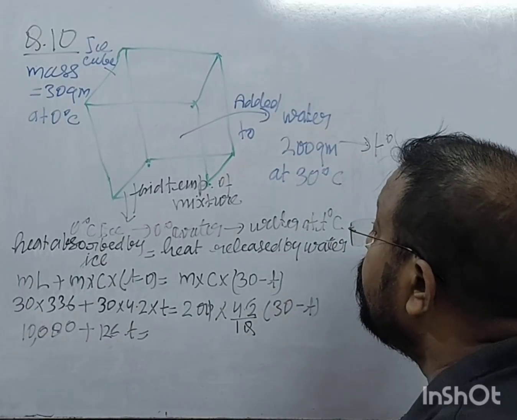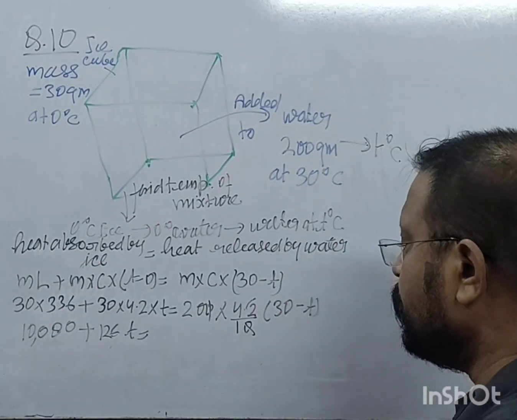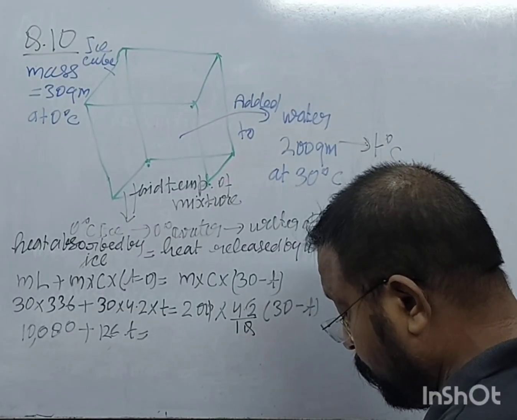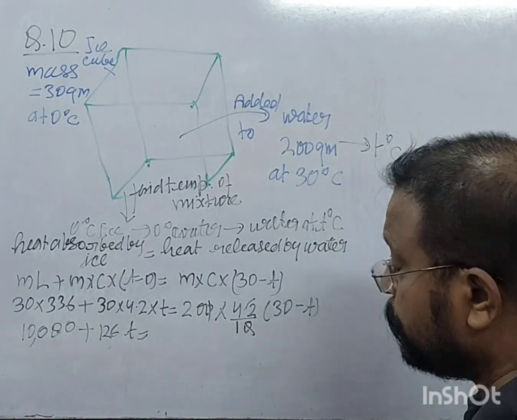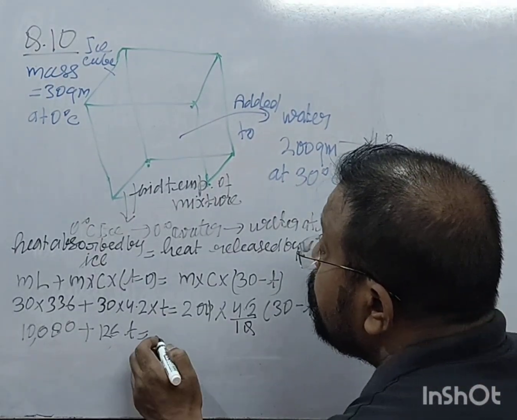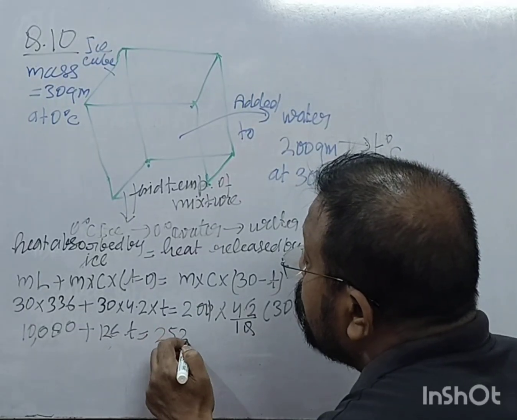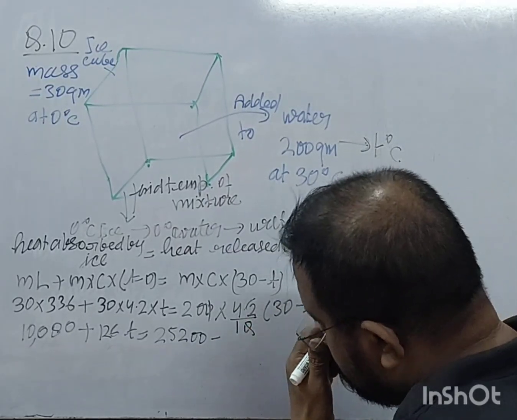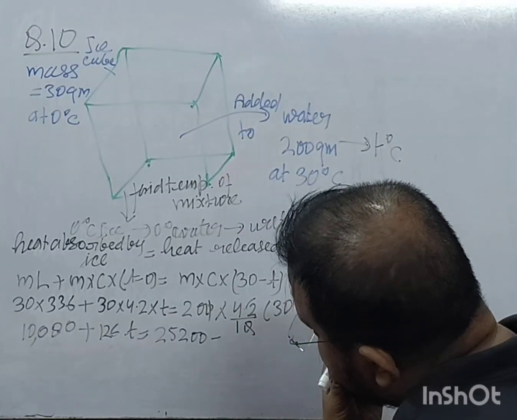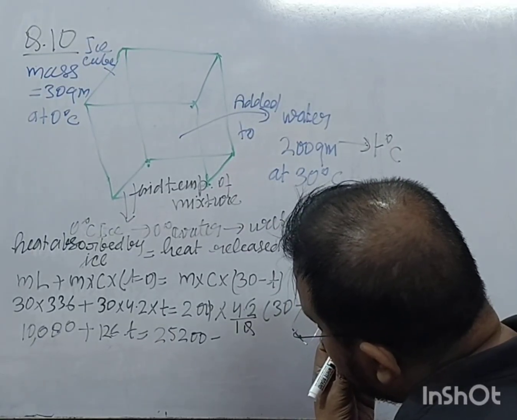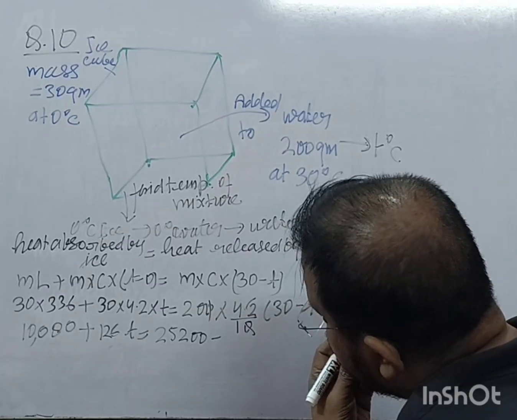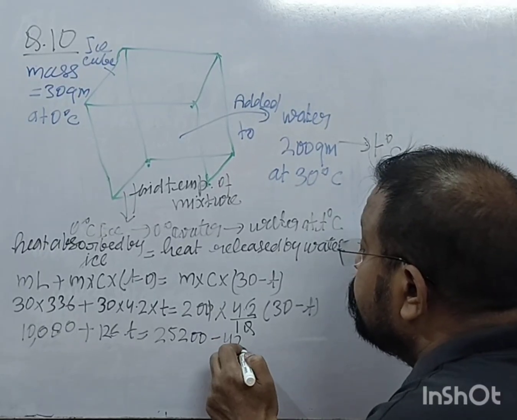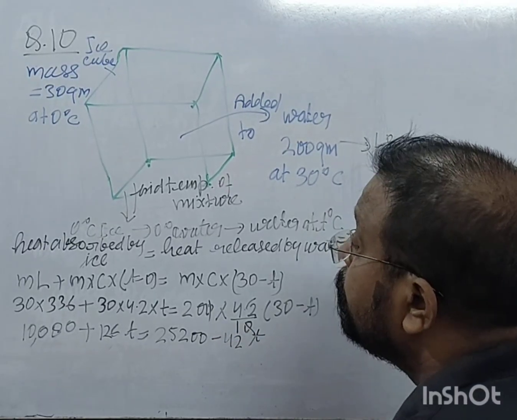So it is 20 into 42 into 30, which is 25,200 joule, minus 42T.